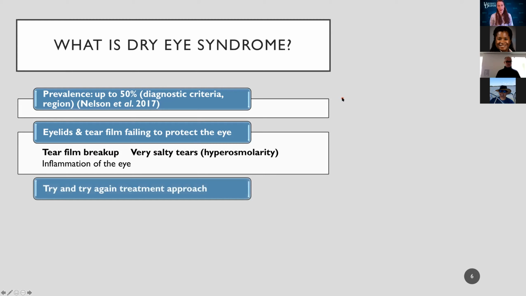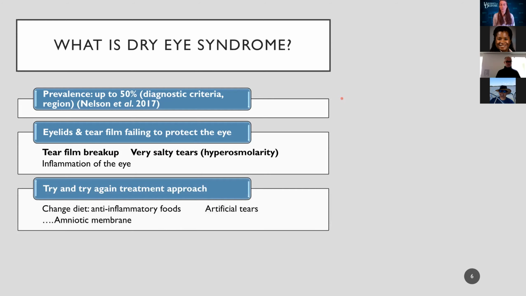How do you treat dry eye? Unfortunately, you take a try and try again approach if you are an optometrist. At the start, an optometrist might ask you to change your diet, add in anti-inflammatory foods, or they might suggest using artificial tears. If that doesn't work, you move down the steps of the ladder and keep trying things again and again.